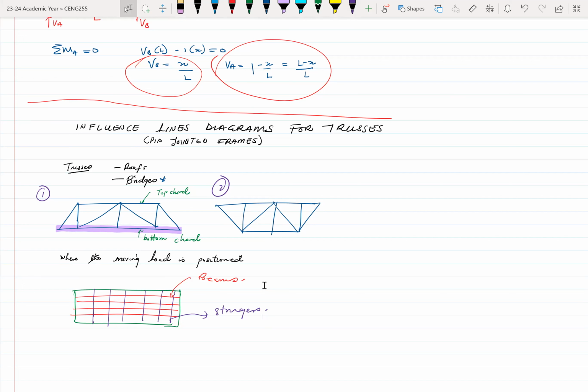Naturally, we would prefer to use concrete, or when we have steel plates, we place a thin layer of asphalt on top of the steel plate so that it provides traction for the vehicles. I mean the tires of the vehicles.